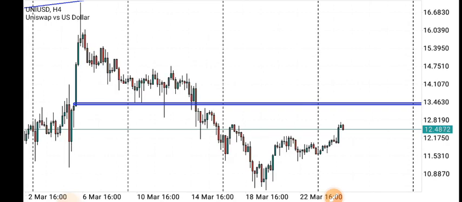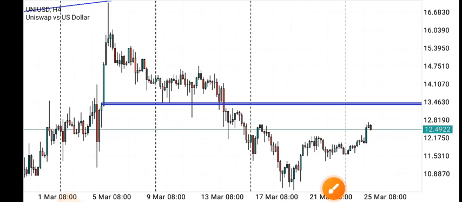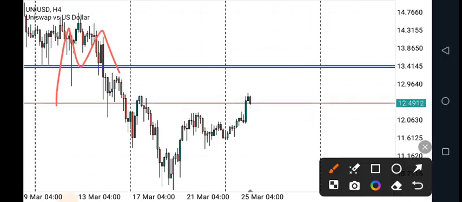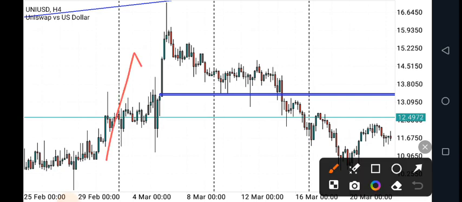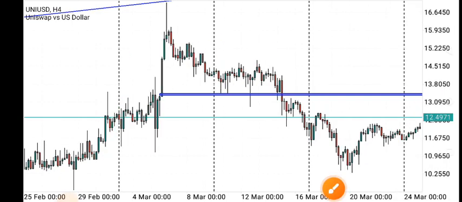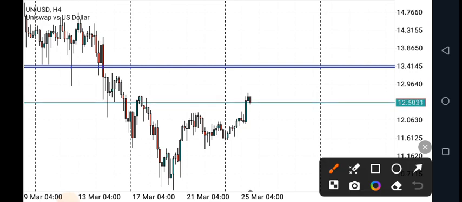So we have another interesting pattern. As much as the market had given us that double top, which is right over here, in addition to that head and shoulders pattern, we can also see that at this point in time the market has given us an opposing structure in the form of this pattern over here, which is the opposite of that head and shoulders pattern.